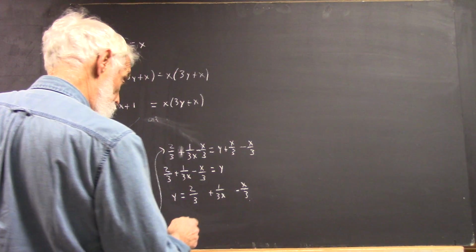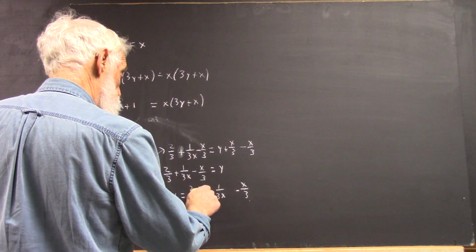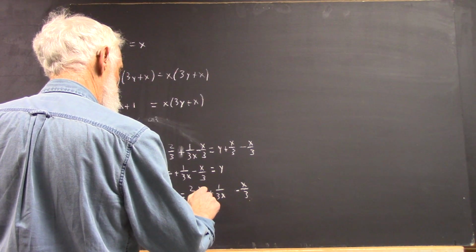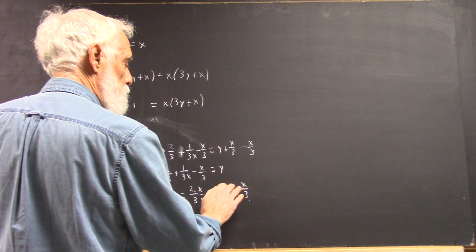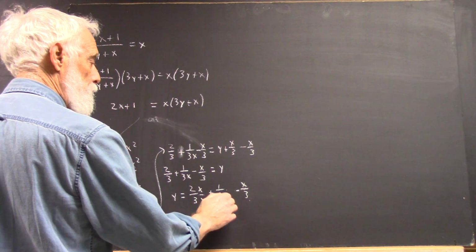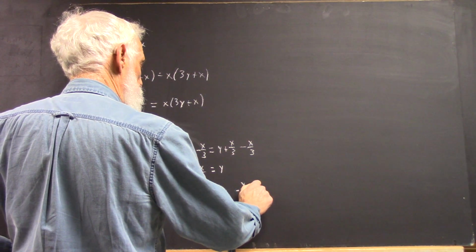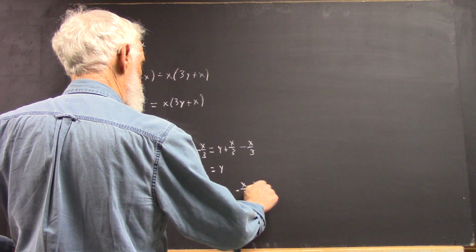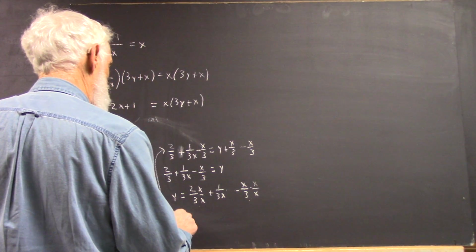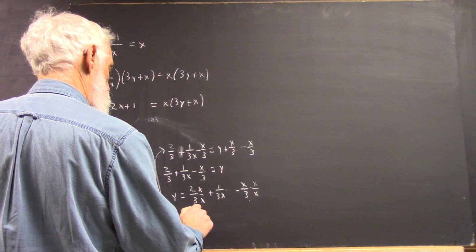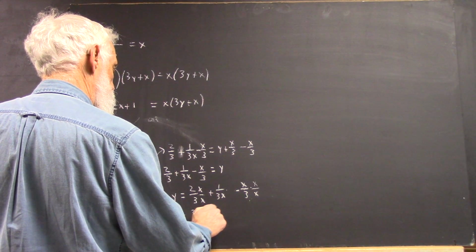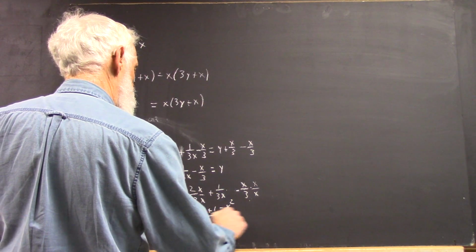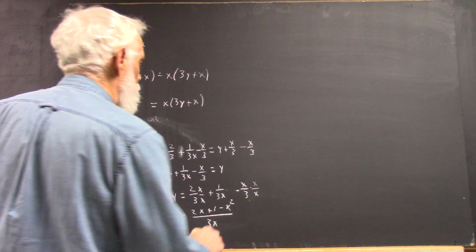We need a common denominator. So we multiply that by x over x. We don't have to multiply this by anything because we do have 3x, but over here we've got to multiply this by x over x. And we get y equals (2x plus 1 minus x squared) over 3x.